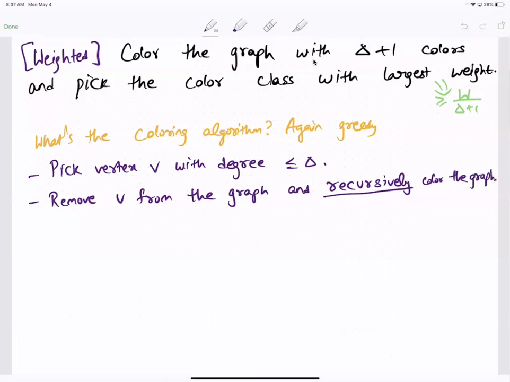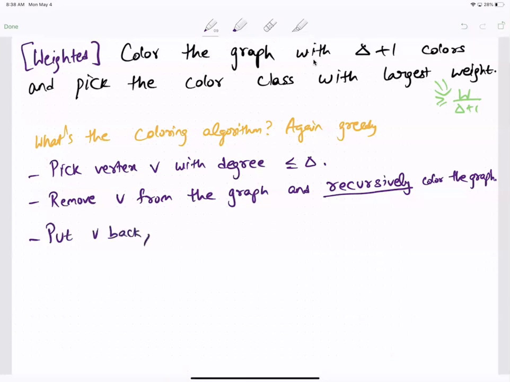Now the crucial thing is we can recursively color the graph because of what we said in the lemma statement: every subgraph will always have a vertex with degree less than or equal to delta. Because we have that strong property, we can recursively color the graph, since that property will still hold on the remaining graph. Okay, good. Once the recursive coloring comes back to us, we put V back.